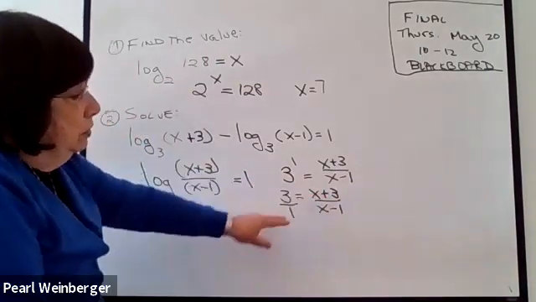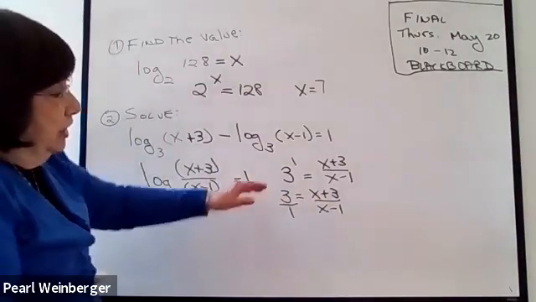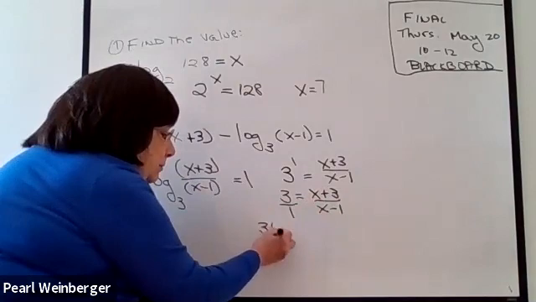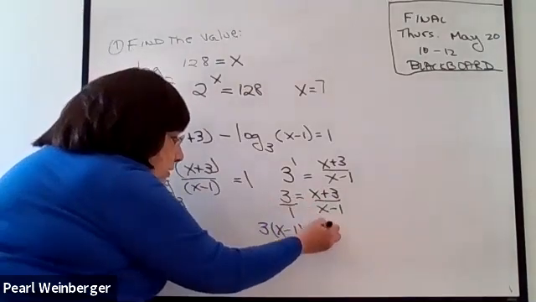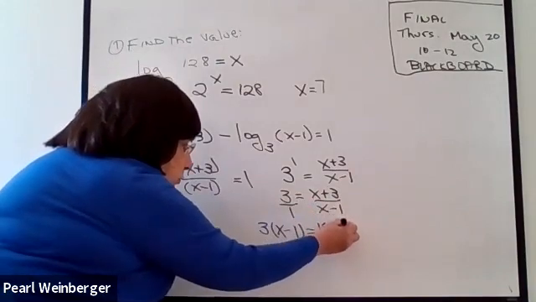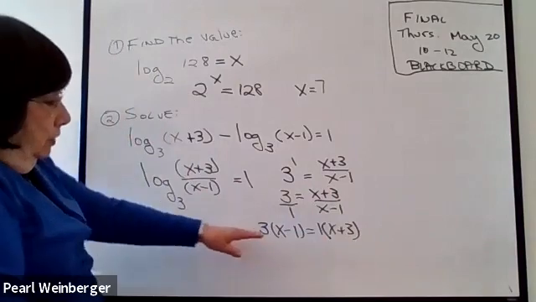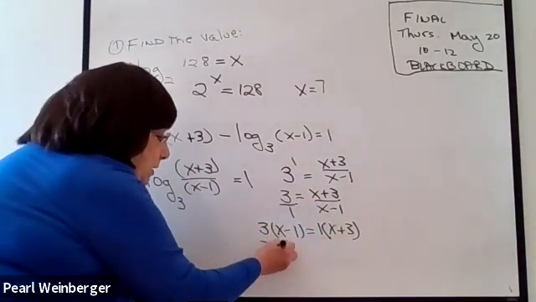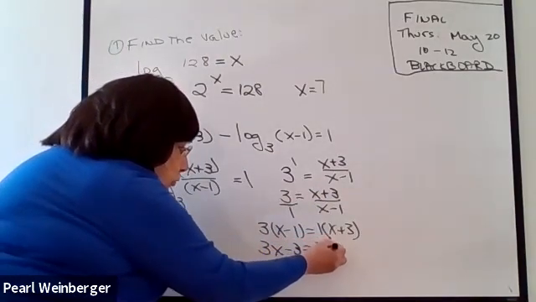so I can see that it looks like a proportion. I can cross multiply. The 3 times the x minus 1 equals the 1 times the x plus 3. And when we distribute, we get 3x minus 3 equals x plus 3.